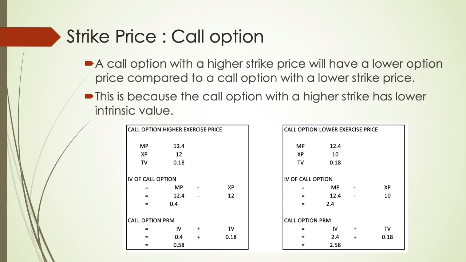So if you calculate the intrinsic value for call option with exercise price 12, it's only 0.4. But intrinsic value for call option with exercise price 10, the intrinsic value is 2.4. So when you calculate the call option premium, exercise price is high, call option premium is low at 0.58. If the exercise price is low at 10, then the call option premium is high at 2.58.